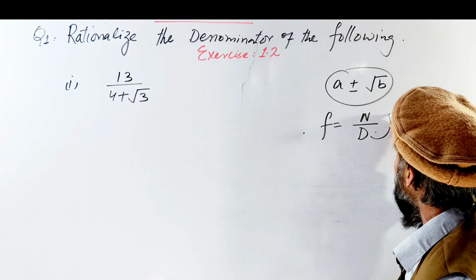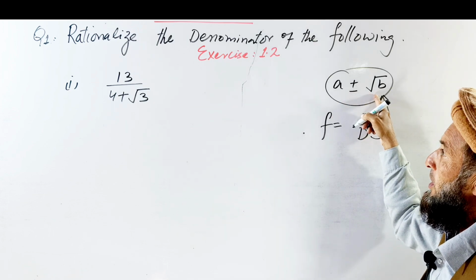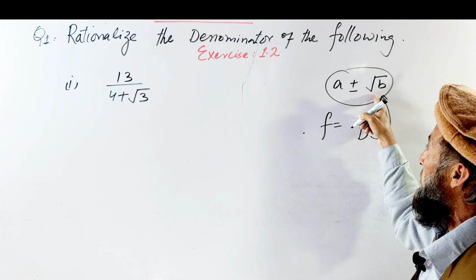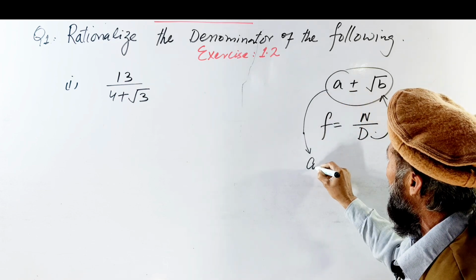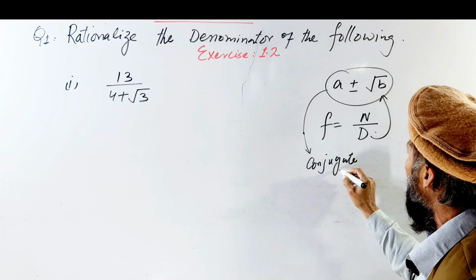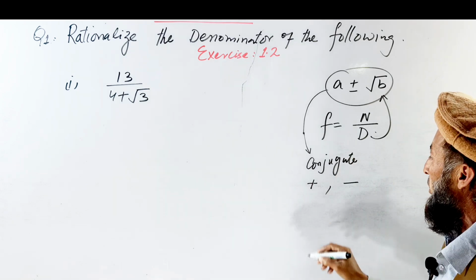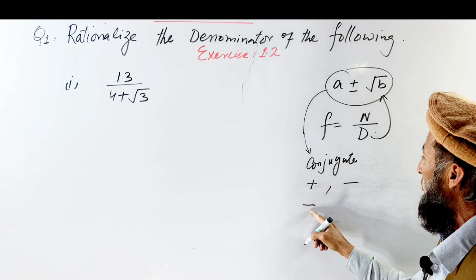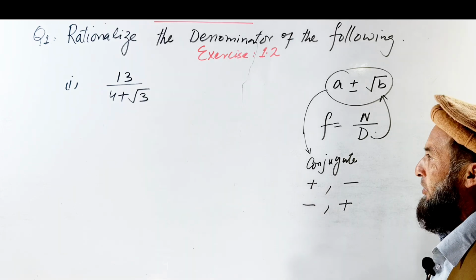Here, if this term is in this form, we will rationalize by taking its conjugate. What is conjugate? Conjugate means if the sign is positive, we change it into negative. If negative is available, it will be changed into positive.